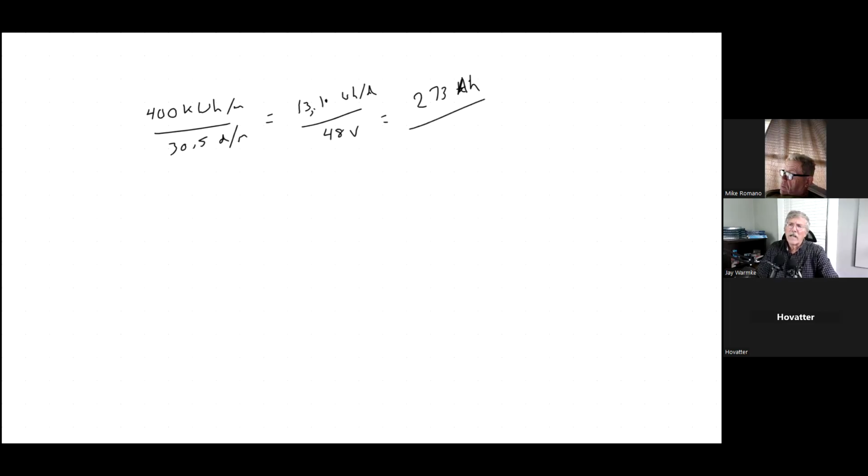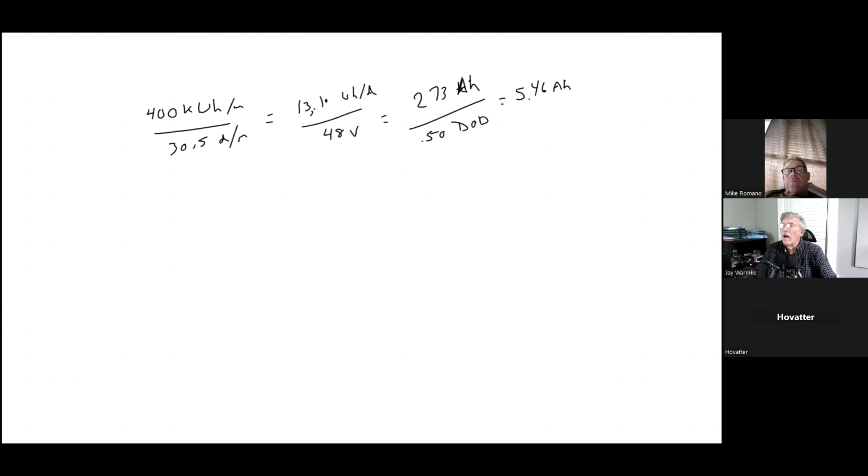Well, let's say it's a standalone system. Typically, we're going to go at about a 50% depth of discharge. So 50% or 0.5 is the same as multiplying it by 2. So now we're going to get 546 amp hours, doing a 50% depth of discharge. So I can only use half the battery.